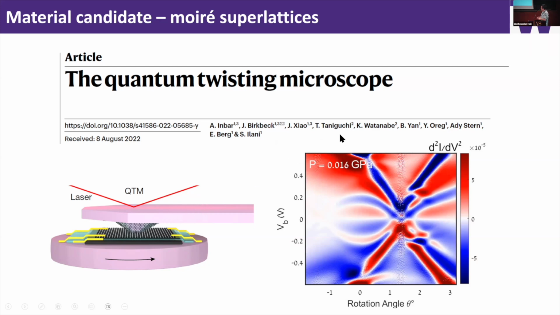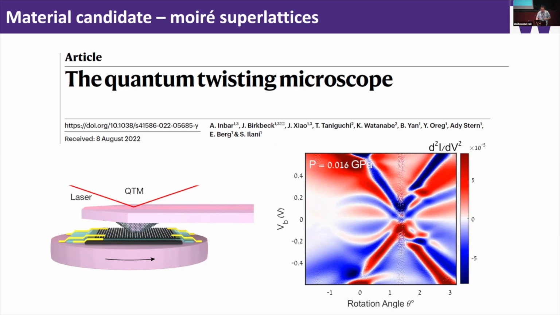What I show you here is the band structure they measured with such a system. When you use the twisting microscope, they measure the tunneling current between the top surface and the bottom surface. At the same time, they can control the twist angle, which gives you a degree of freedom in momentum space. So you can think of this twisting microscope as a combination of angle-resolved measurements, which is momentum resolved, plus scanning tunneling.